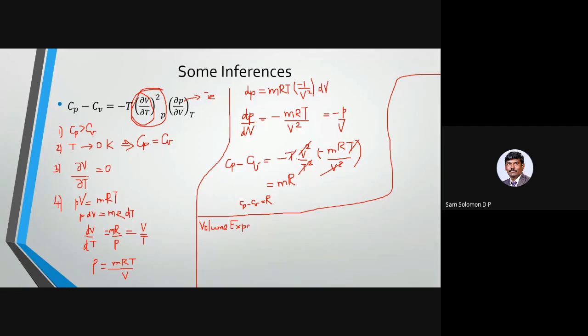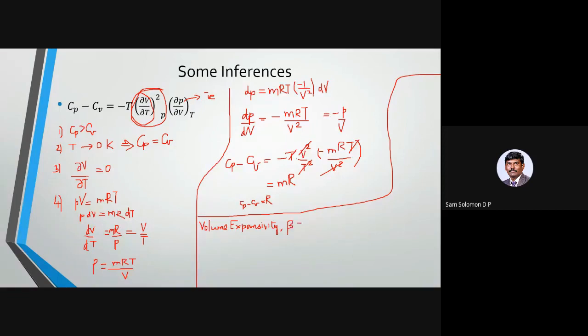Expansion of volume. So volume expansivity. Okay. And I'm going to denote this in terms of beta.